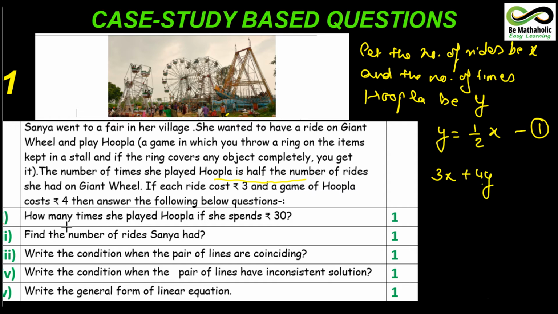And now the question says, how many times did she play hoopla if she spends ₹30. That means if she is spending ₹30, how many times did she play the game hoopla? So together it is costing her 30 rupees. So that means now you will be making this as equation 2.